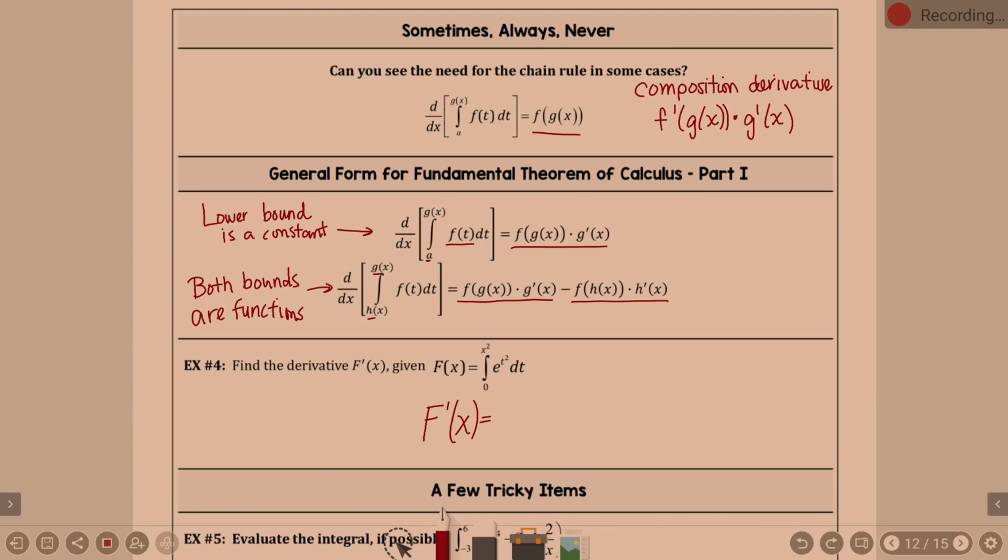So it's e to the x squared squared, if you will. I'll clean up that x squared squared in a moment. Times the derivative of x squared, which is 2x. What is x squared squared? x to the 4th. So I can rewrite this as 2x e to the x to the 4th. Okay?